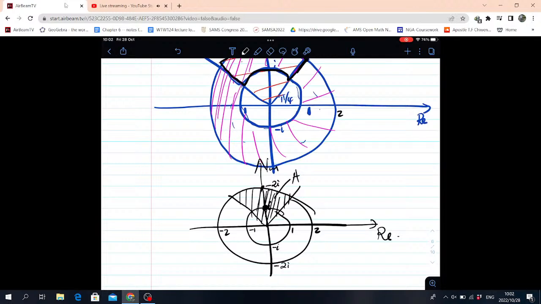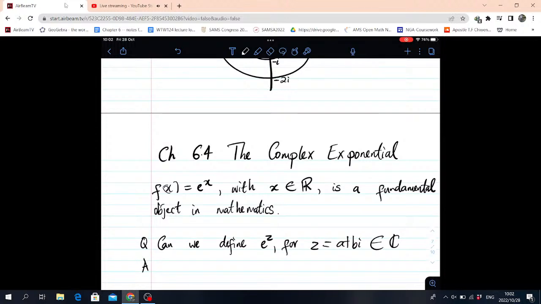Right, so let's move on to the next thing that we have, and it is chapter 6.4, and we are looking at the complex exponential.